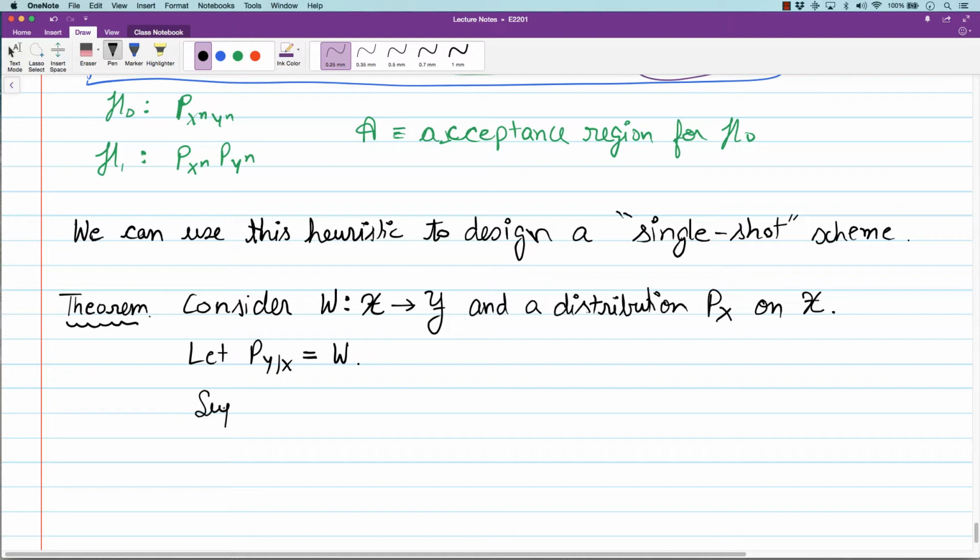Now you have a joint distribution Pxy where the conditional distribution is W and the input distribution is Px.